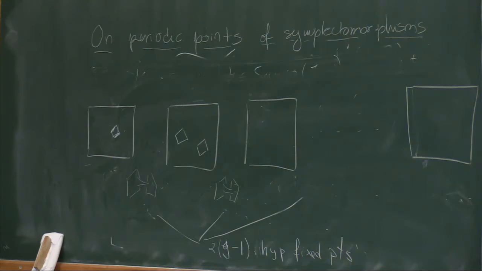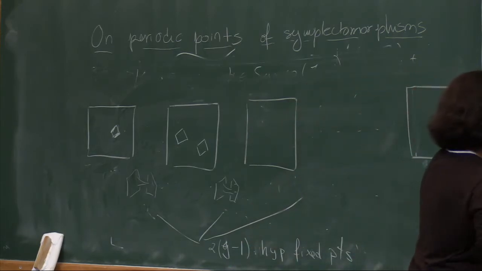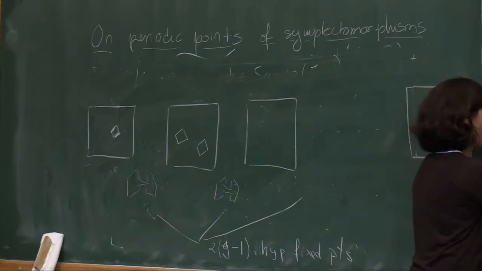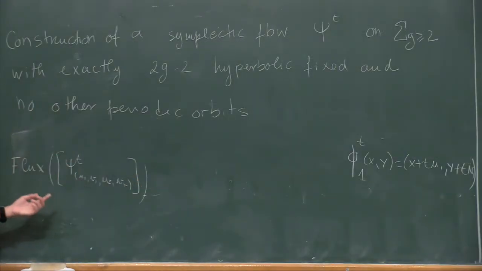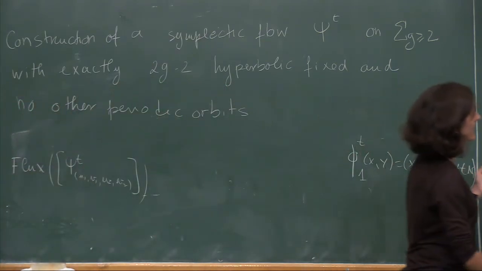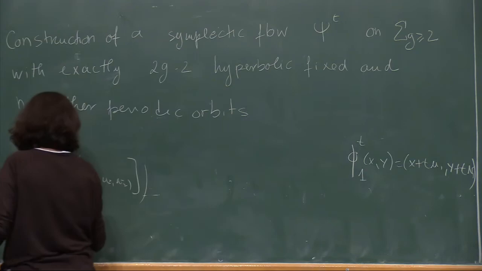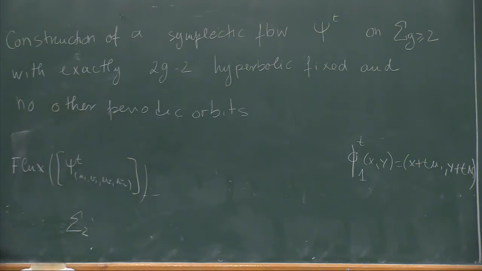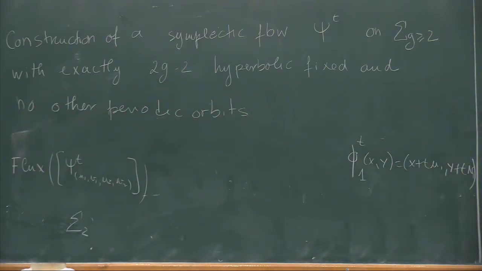So the flux of this psi t of u1, v1, u2, v2 lives in the first cohomology of sigma 2, right? And the first cohomology is the direct sum of the first cohomology of these tori.